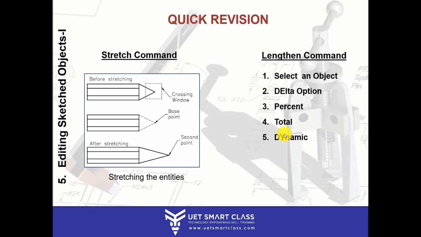That is, dynamically, by using your cursor, you can change the measurement, the dimensions of your line, of your arc or polylines, etc. Okay. So they were not so tough, but yes, it will be easy when you practice. So I hope you have already practiced this at home. If you still have any doubt, please clear that in the doubt session.